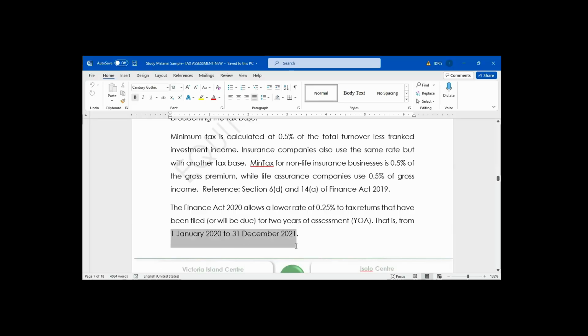Within this period, the rate of minimum tax we must use is half of the normal rate, 0.25%. After this period, we go back to the normal rate of 0.5%.